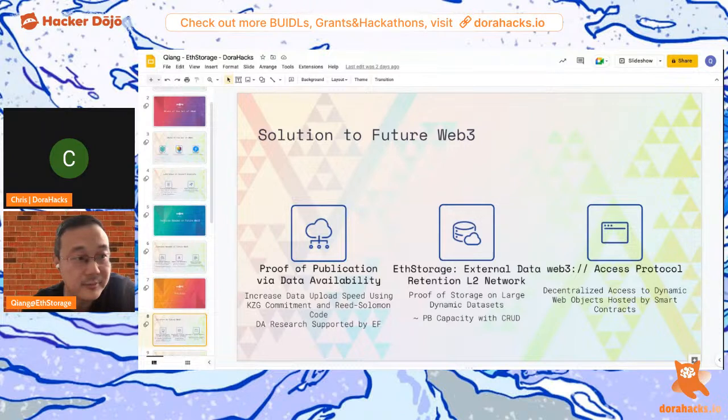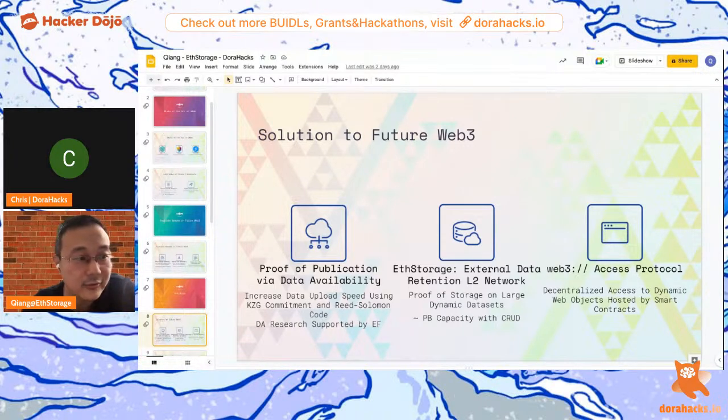And second, we are able to build an external data retention L2 network so that we only store corresponding metadata on Ethereum and are able to store a large amount of data in the layer 2 network. And we just need to periodically submit the proof of storage into the Ethereum mainnet so everyone can check the latest data is kept in the network with high replication.